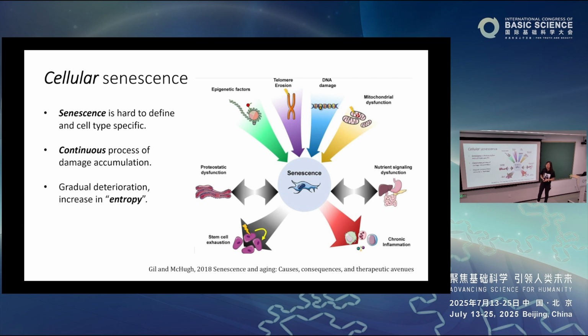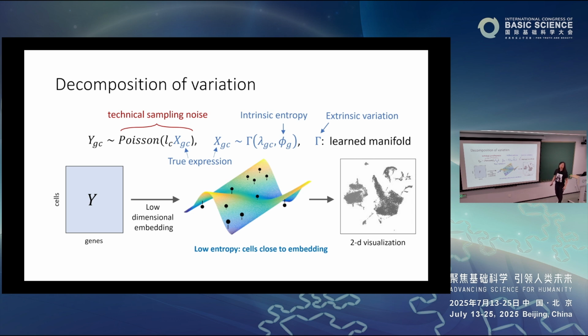What we want to measure is just the gradual deterioration, or the increase in entropy, at the RNA level of the cell. So our goal is to use single-cell RNA-seq data to get a cellular aging clock based on some measure of entropy.